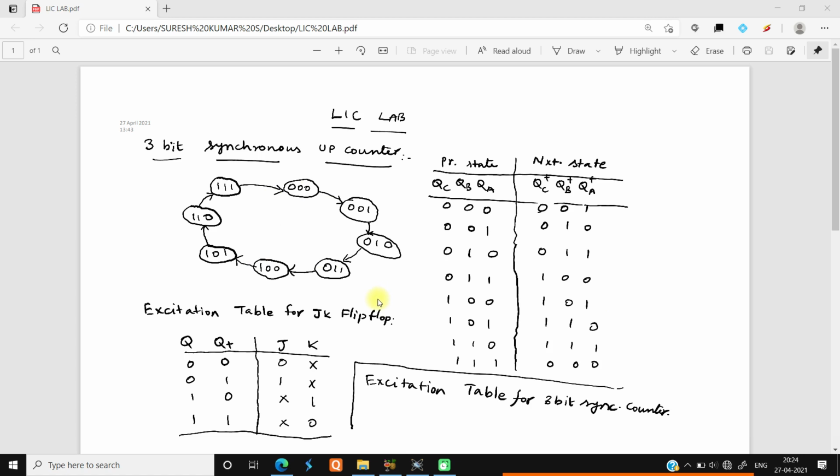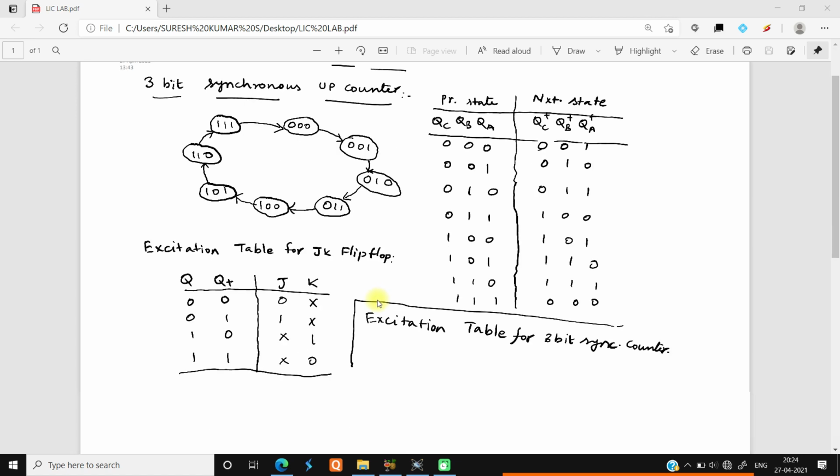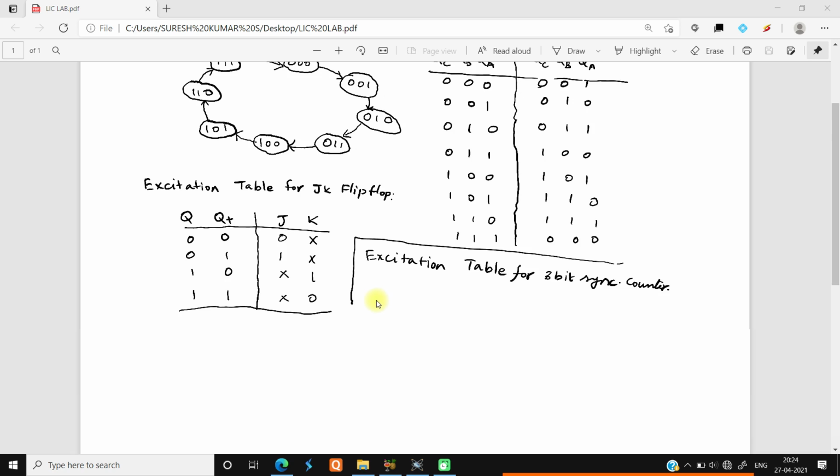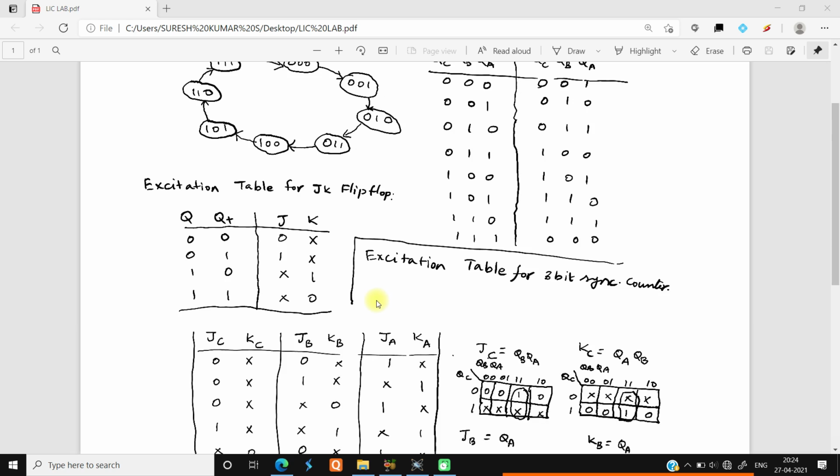After that, we need an excitation table. Since we are going to design this counter using JK flip-flops, we need an excitation table for the JK flip-flop.